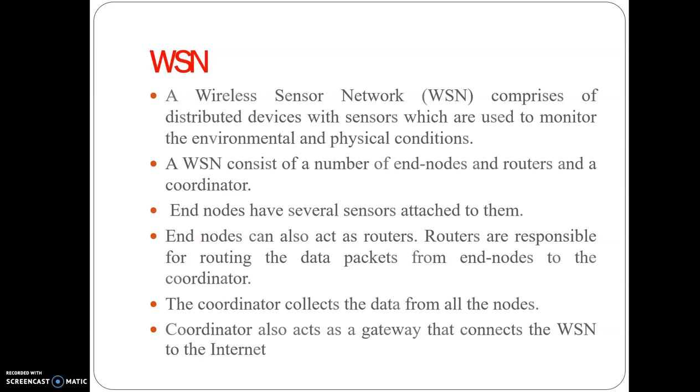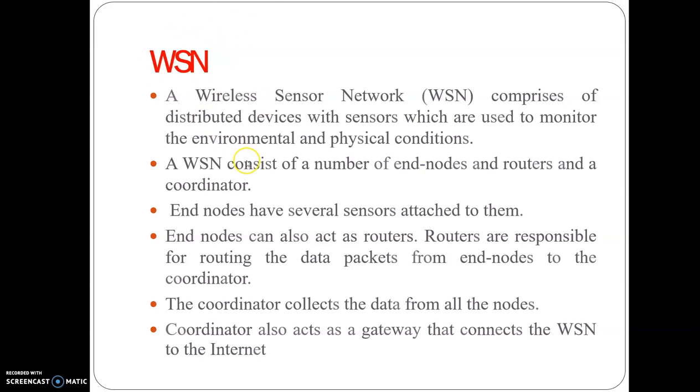Some examples of WSNs used in IoT systems are weather monitoring systems, indoor air quality monitoring systems, soil moisture monitoring systems, which we have discussed in the agriculture domain, surveillance systems, smart grid, and structural health monitoring systems, which also use a WSN to monitor the health of structures like buildings and bridges by collecting vibration data from the sensor nodes deployed at various locations in the structure.